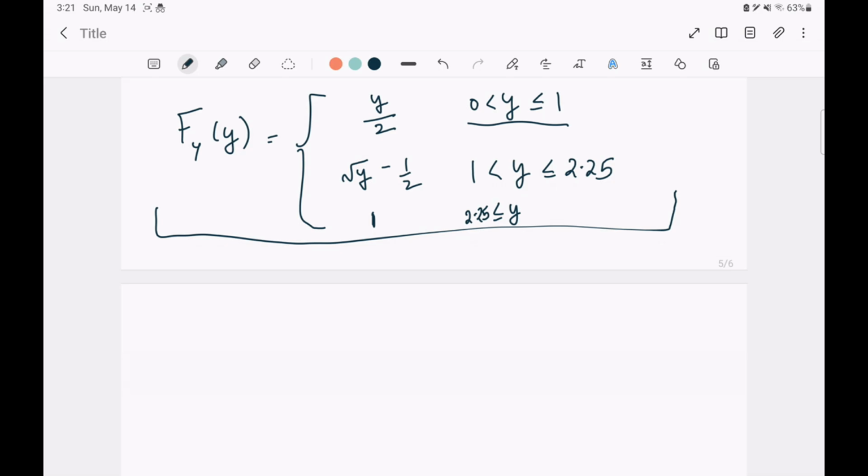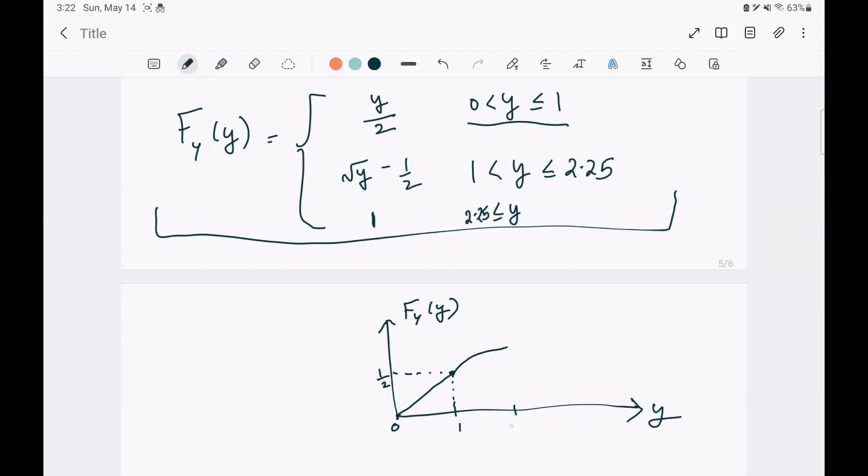Now let's plot this and visualize the cumulative distribution function of y. It would look something like this, where this is small y. It would increase linearly from 0 to 1, as this is y by 2. At 1 it will take the value half, and then it would increase in a parabolic manner till small y equals 2.25.